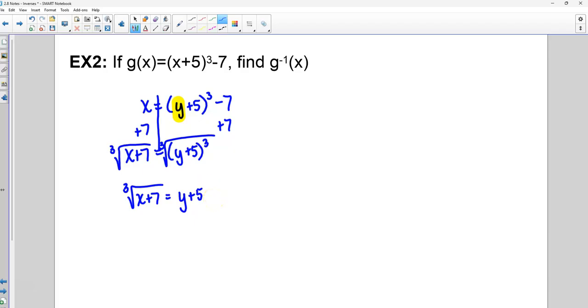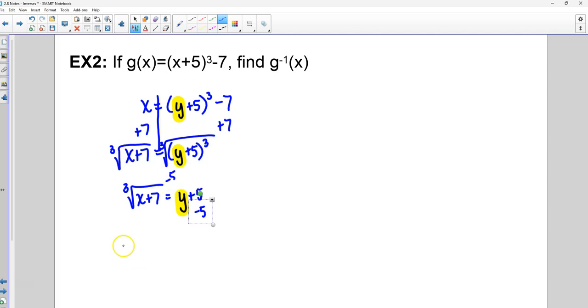We are almost there. Zane, what should we do last on this one? Trying to get that y right there by itself. Very good. And when we do this, can I subtract the 5 from that 7? I cannot. It's on the inside of a root. I can't mess with it. So we're subtracting it over here.